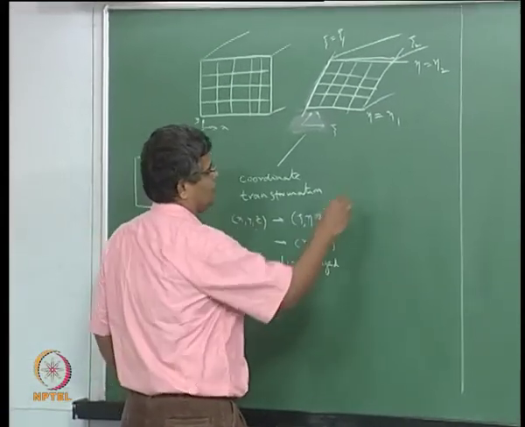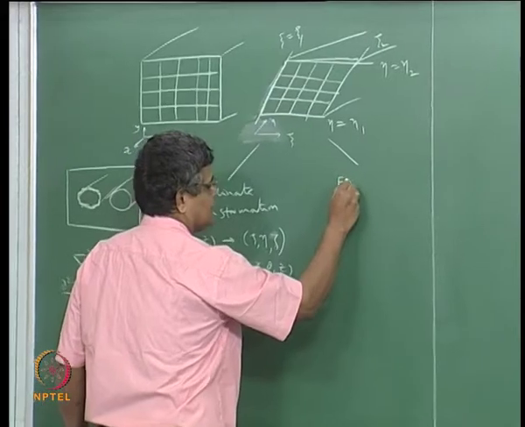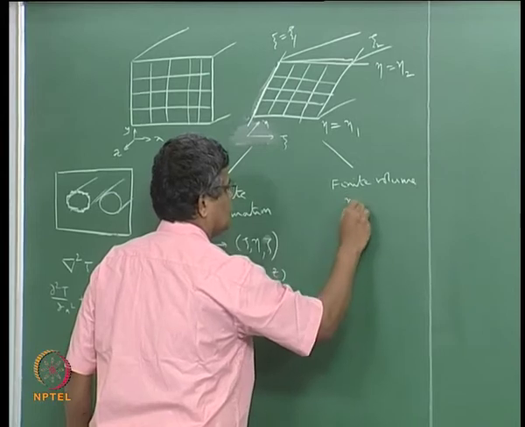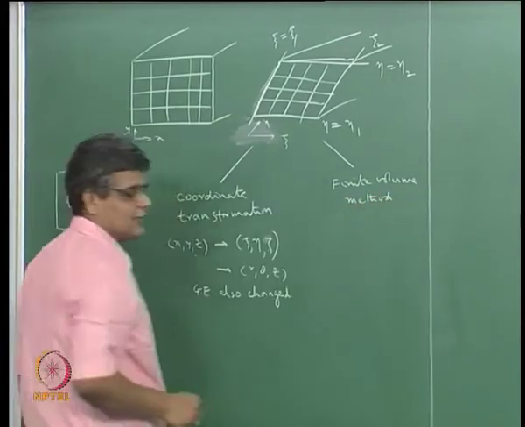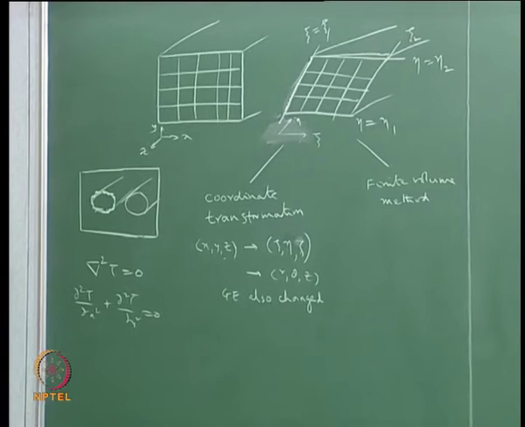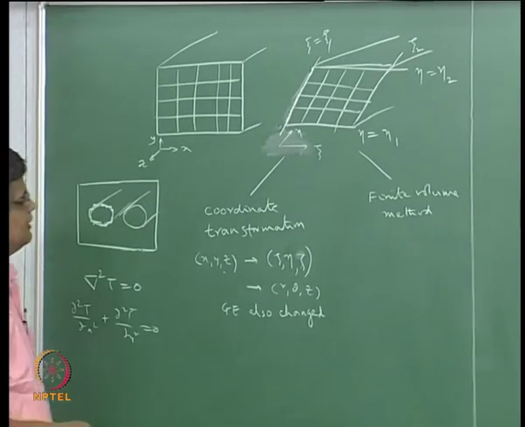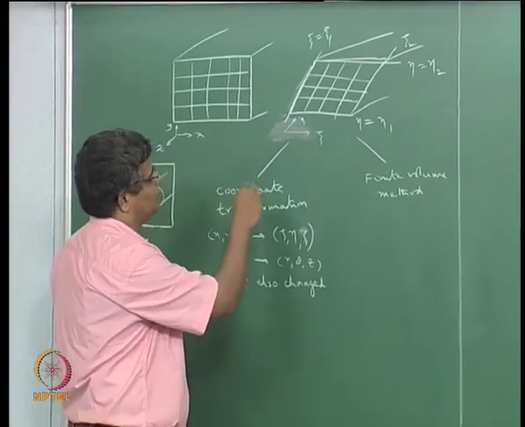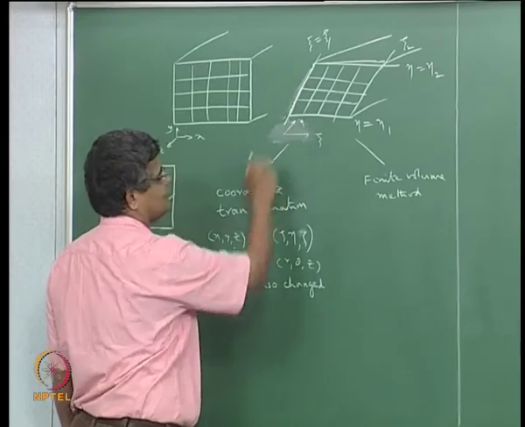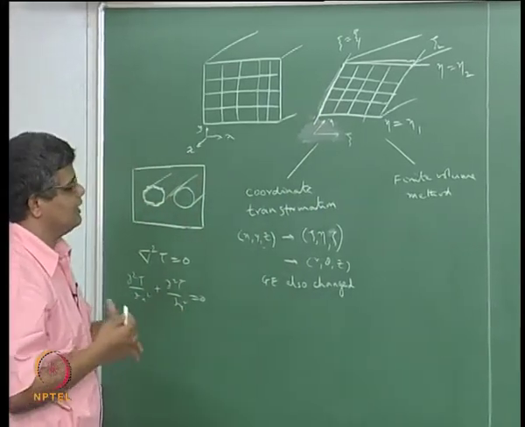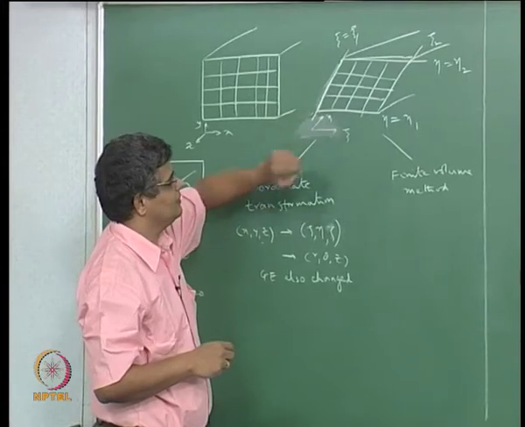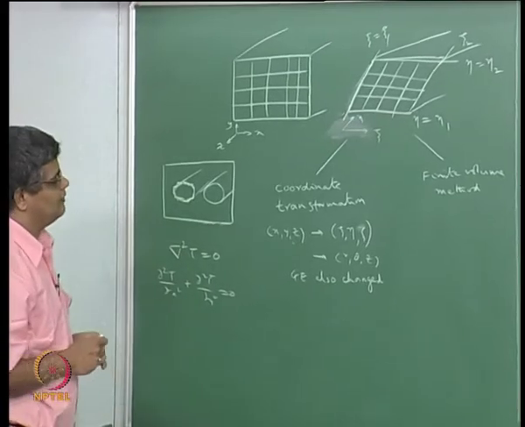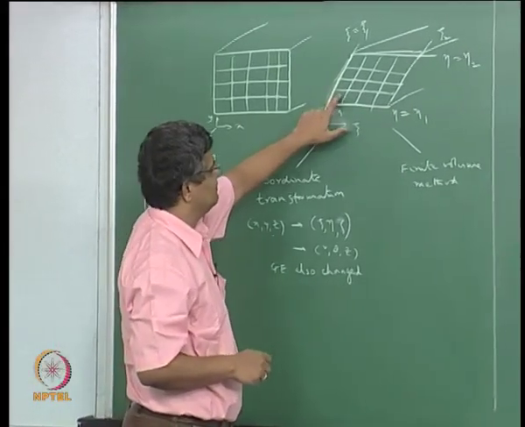The other approach is to use, for example, the finite volume method, which can be considered as a variation of the finite element method, wherein you do not deal with a structured grid, but we try to write down the conservation equations in each of these in a specific form, and thereby derive equations for the variables and how they change from point to point.